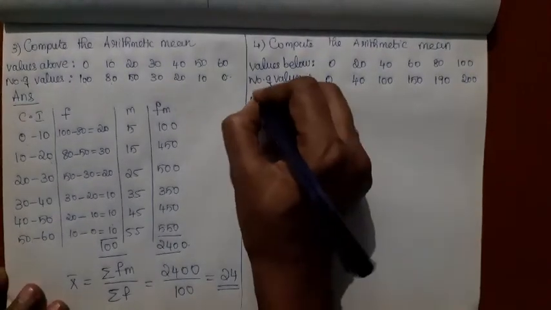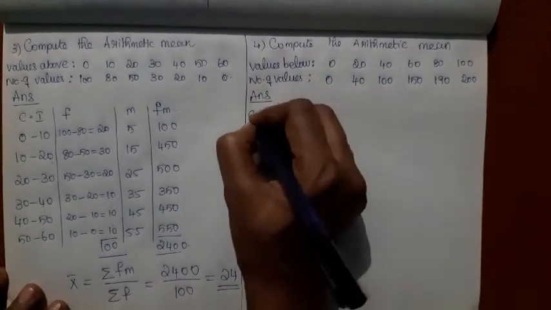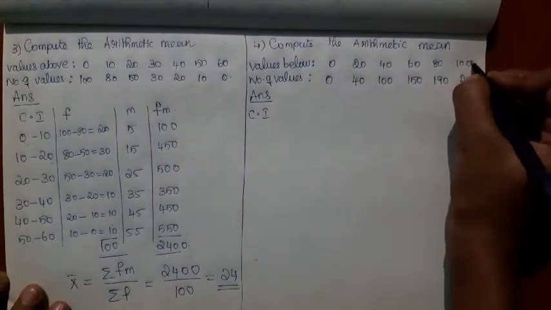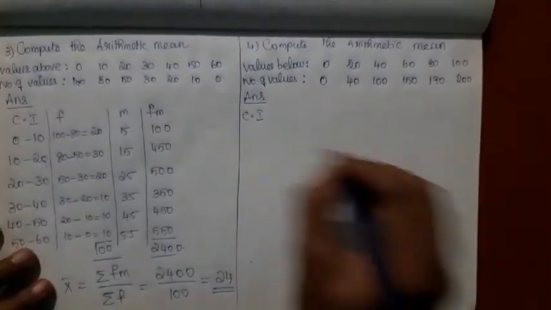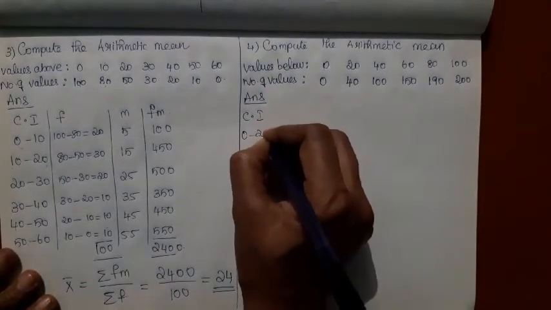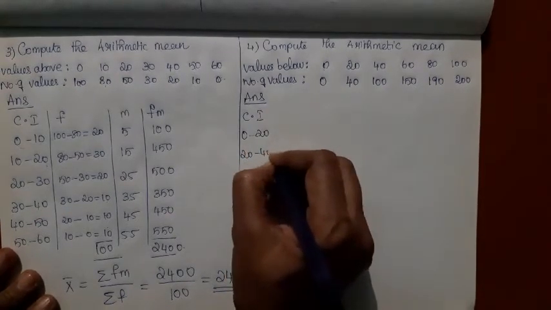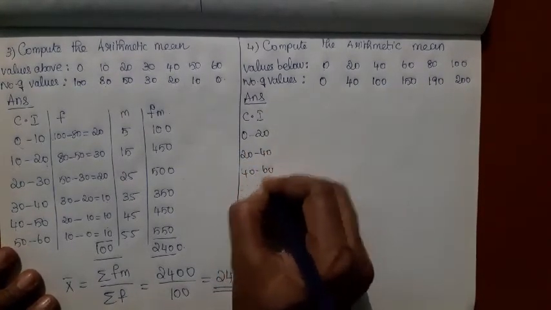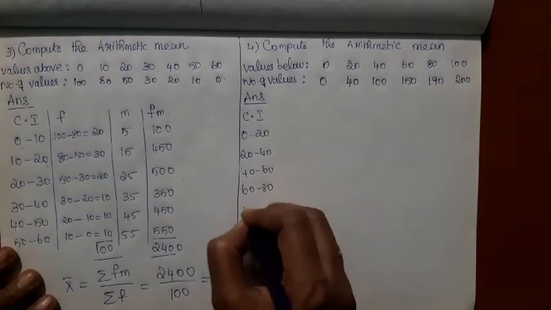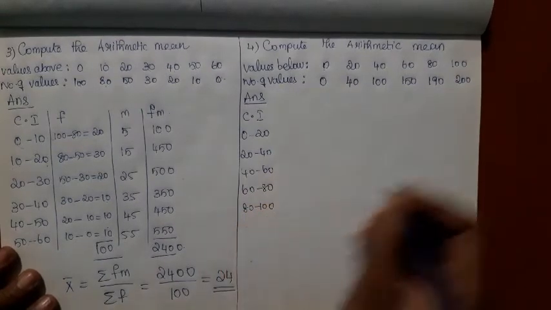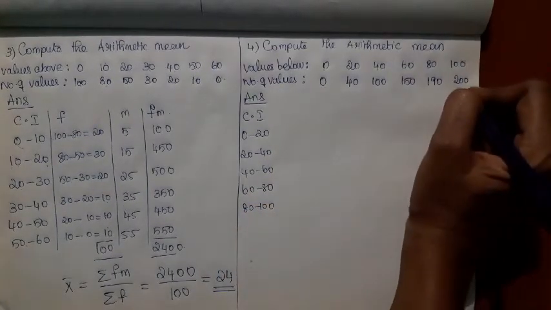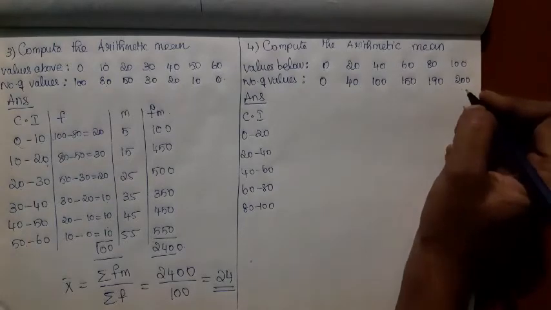Let us come to this problem. Class intervals, the problem gives me a clue. They should be from 0 to 20, 20 to 40, 40 to 60, 60 to 80. Where should I stop? It says below 100 there are 200 values. After that, nothing is there.